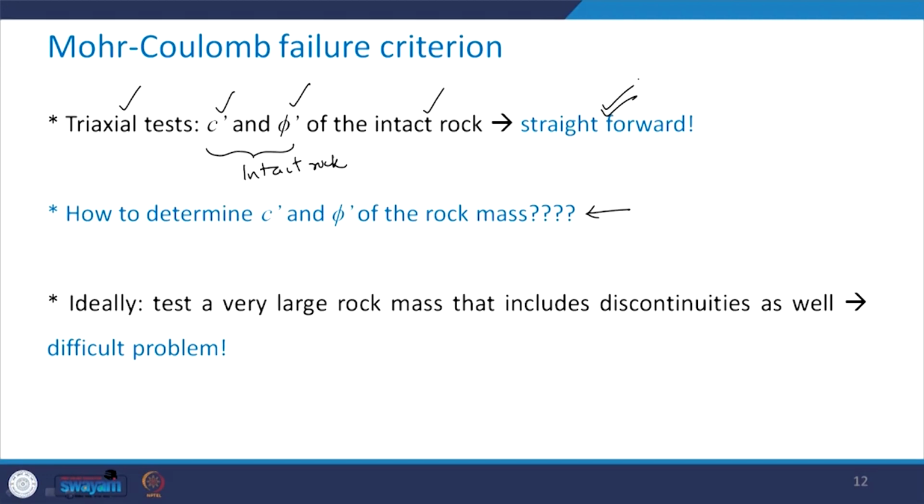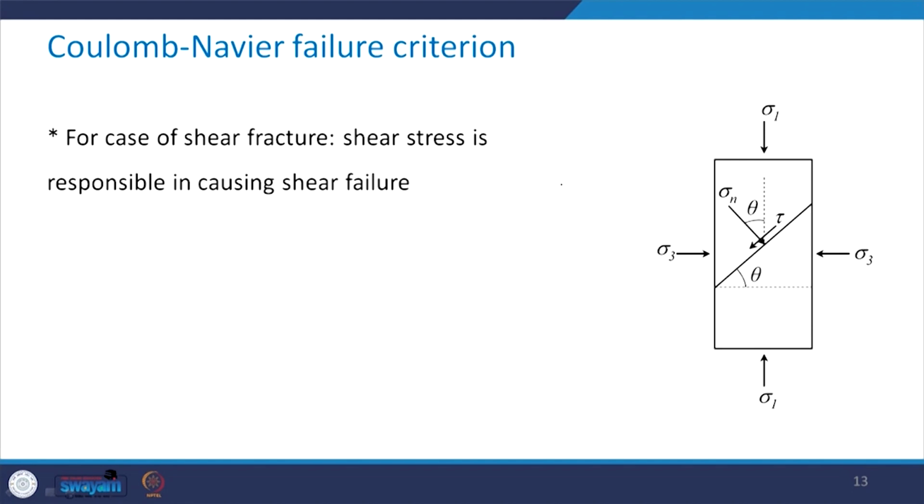In order to do that, ideally we should carry out the test on a very large rock mass, which includes the discontinuities as well. But to conduct such a test is very difficult, or it may not be really possible to conduct the triaxial test under such ideal conditions. So this is a difficult problem. The question is then how to determine this. The answer you will get maybe after a few classes when I will discuss with you the Hoek and Brown criteria.